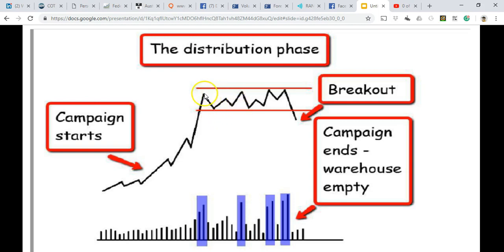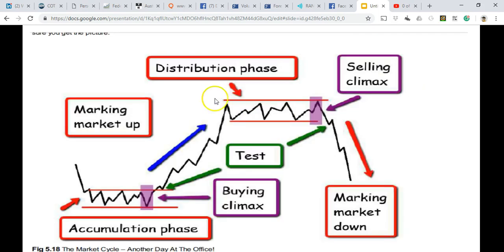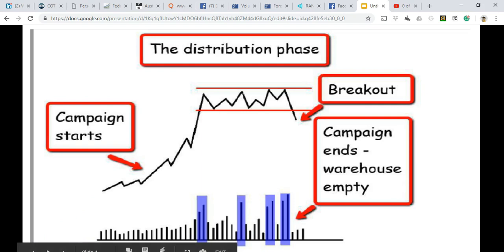It starts working the highs in the sense that it starts using this resistance to attract sellers. And people try to trade off the resistance level, the 61.8% of this move.